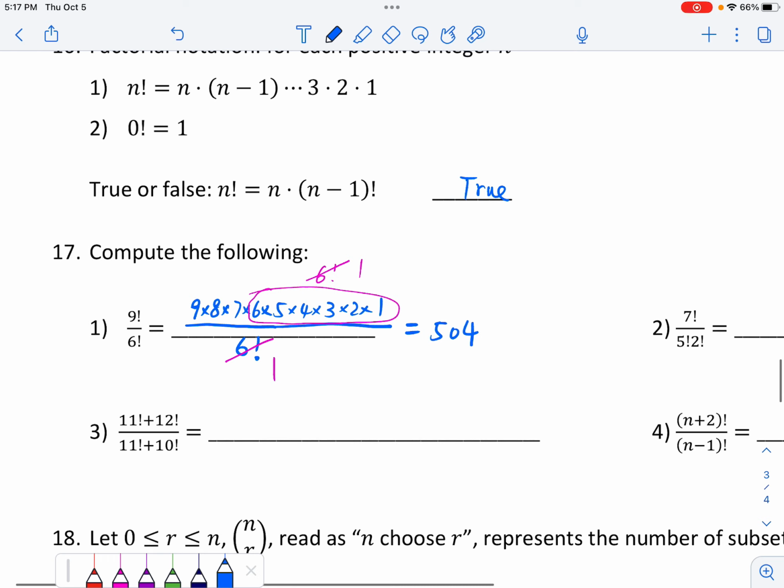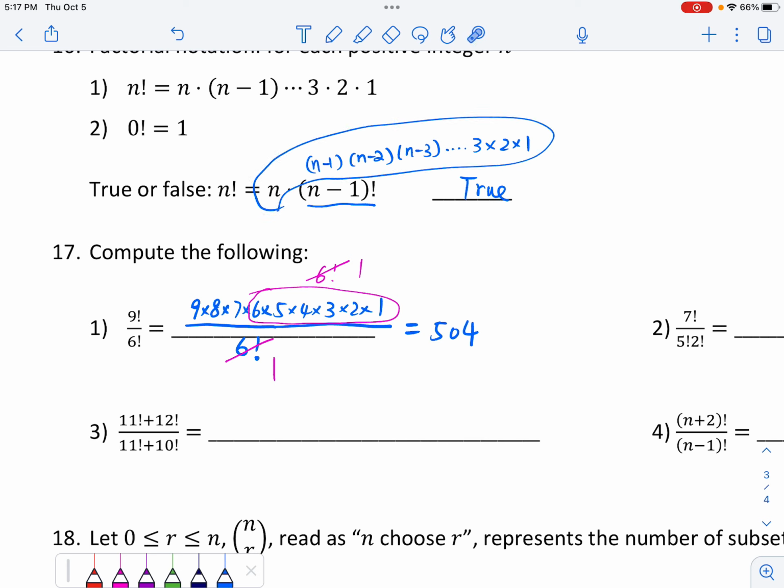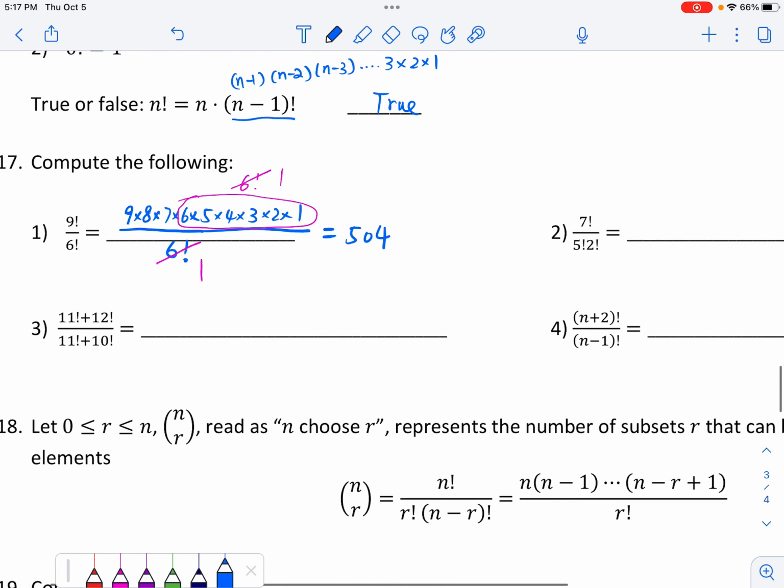Because what is n minus 1 factorial? It is n minus 1 times n minus 2, just keep subtracting until you're down to 3 times 2 times 1. So this guy is basically the n factorial. So this is definitely true.